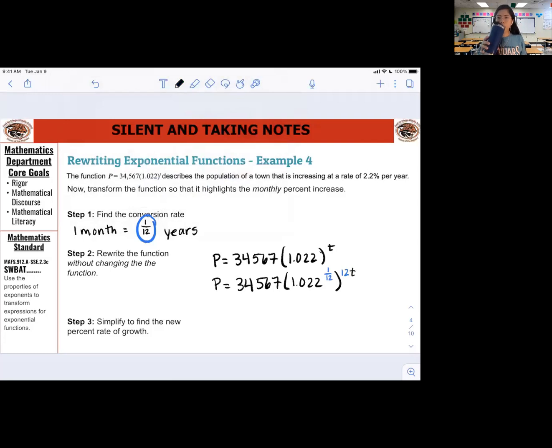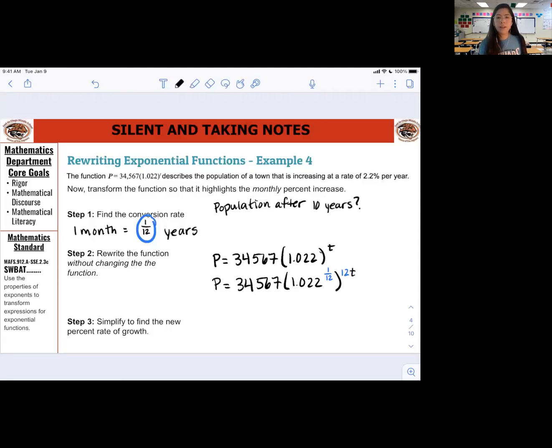Why do you have to balance it? So the reason we want to balance it is because I don't want to change the actual function, because remember, this function is representing a real world example. It's kind of fake, but it's still a real world example. So if I ask you, what's the population after 10 years?